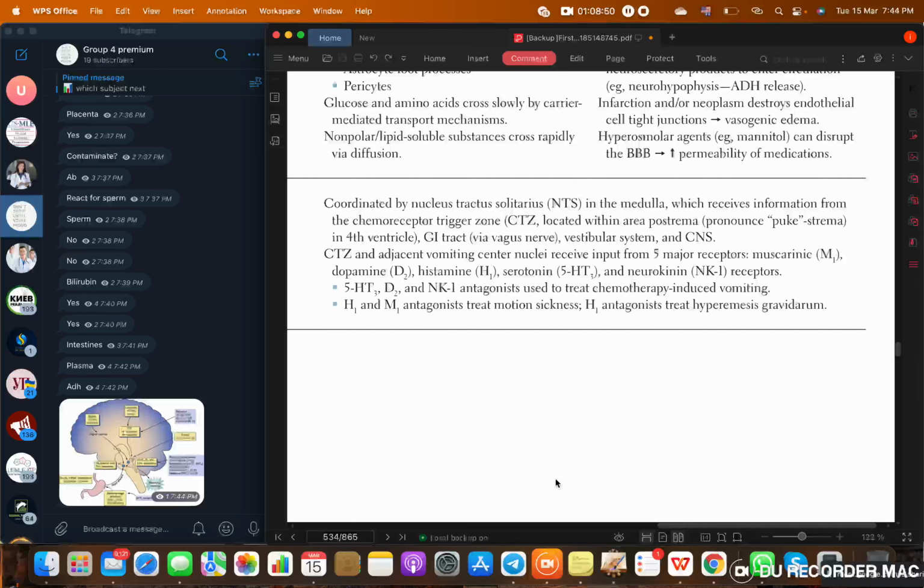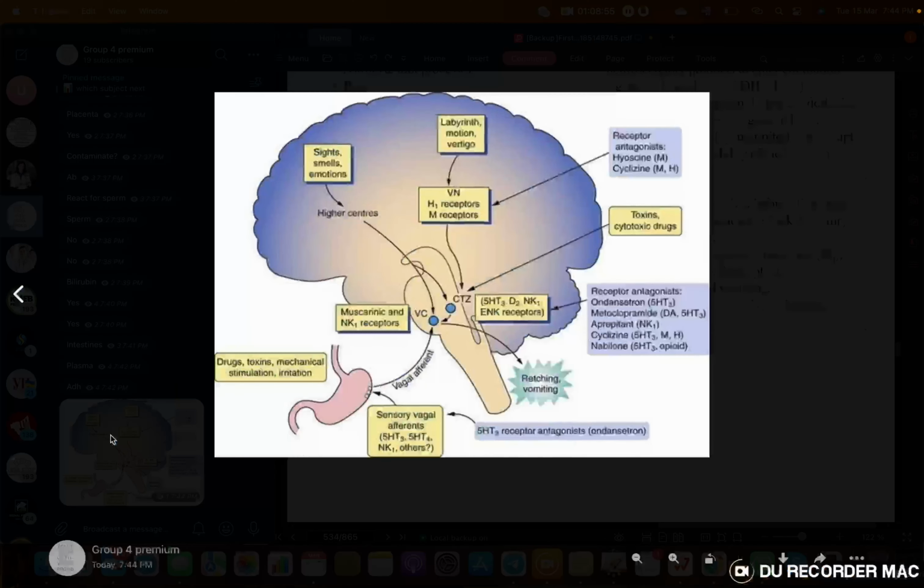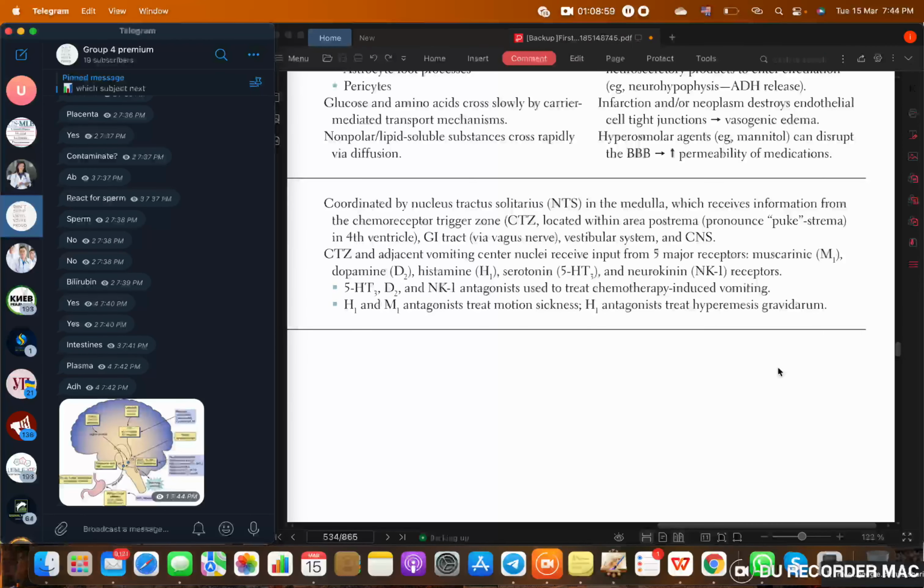It receives the info from the CTZ, which is located within the area postrema. You can see here the CTZ within the area postrema, in the fourth ventricle. It receives input from the GI tract via the vagus nerve, the vestibular system, and also the CNS.